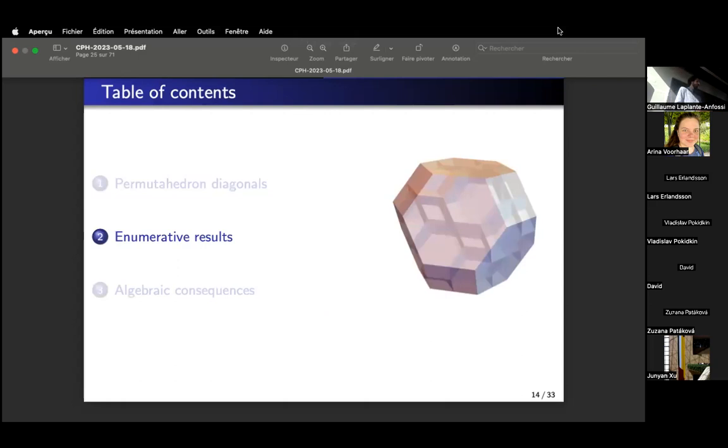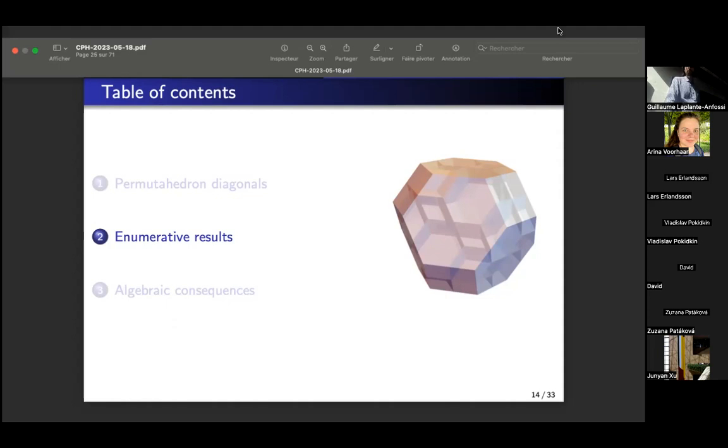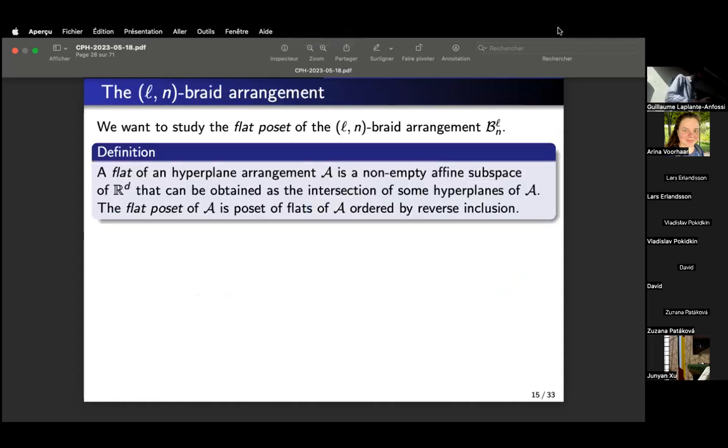And so now it turns out that these arrangements are quite interesting, and we can surprisingly obtain some closed formulas for their combinatorics. Basically, let's say now we're interested in counting the number of faces, the number of regions in these arrangements.